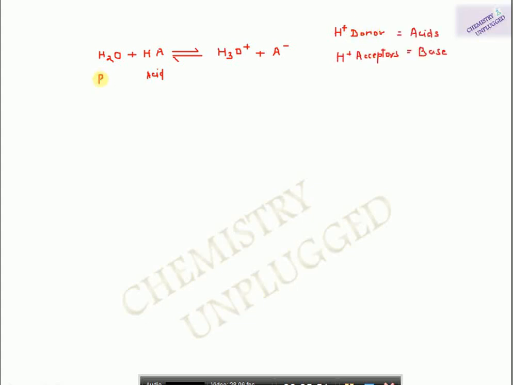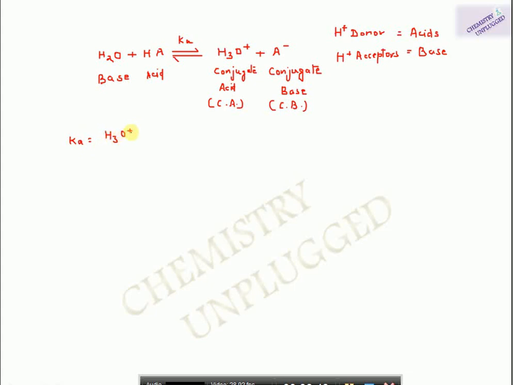When HA donates its proton, it is converted into A-, so it is known as its conjugate base. And H3O+, which is formed by the acceptance of a proton by the water molecule, is the conjugate acid of the base water. This reaction is a reversible reaction, and Ka is the equilibrium constant of this reaction.